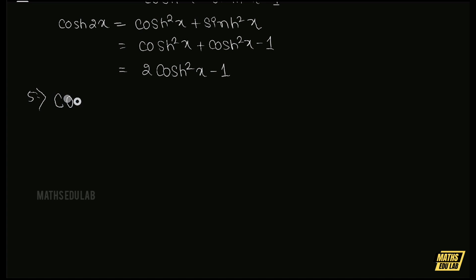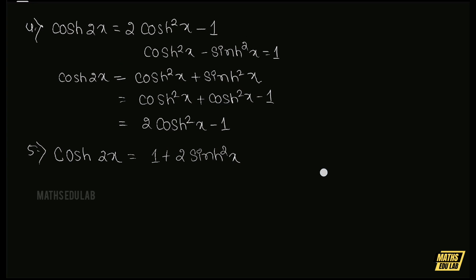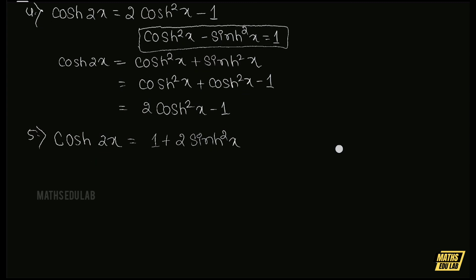cos hyperbolic 2x is equal to 1 plus 2 sine hyperbolic square x. For this also we will follow this one: cos hyperbolic square x minus sine hyperbolic square x is equal to 1.